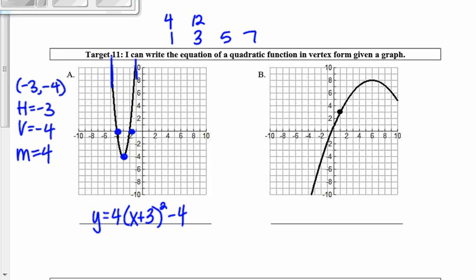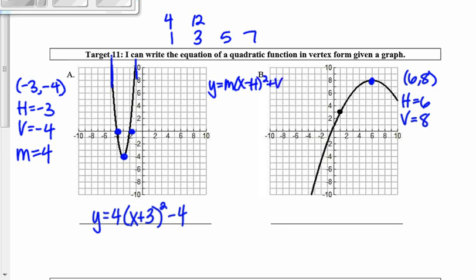Over here on B, I'm going to show you what you can do if you're really not certain what that slope is, because on this one, it's really hard to tell. Here's our vertex. So we for sure know that our vertex is at 6, 8. So we for sure know that h is 6 and v is 8. But beyond that, it's really hard to tell what the pattern is. So we can actually use our equation and fill in what we do know.